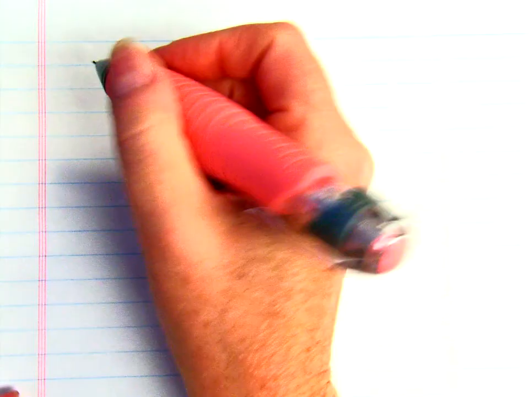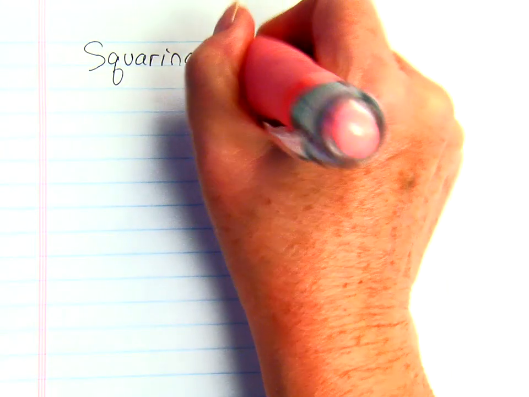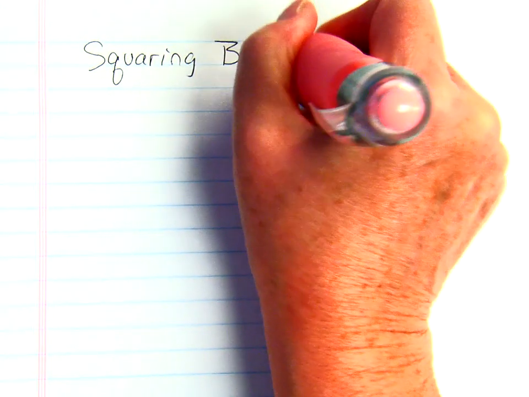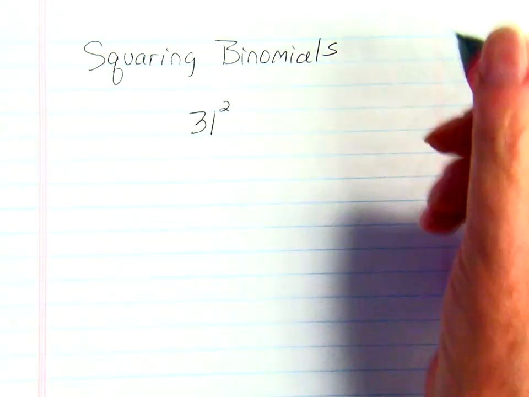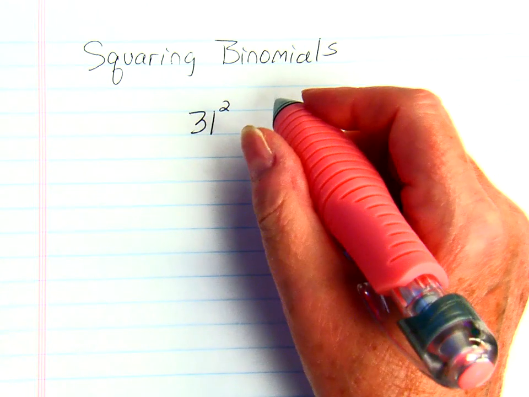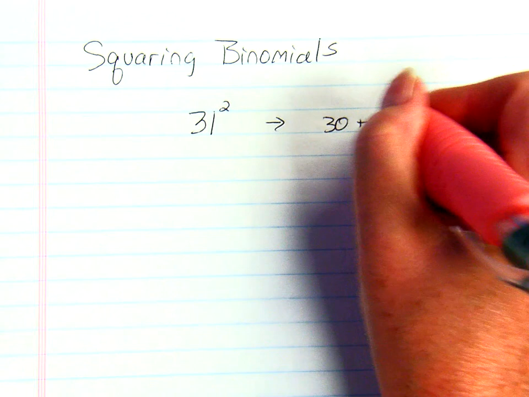Now, with both squaring the binomial and finding the difference of squares, there is also a mental math aspect of this that I want us to take a look at. So when we're squaring binomials, we can look at problems such as 31 squared. 31 squared is the same as saying 30 plus 1 squared.